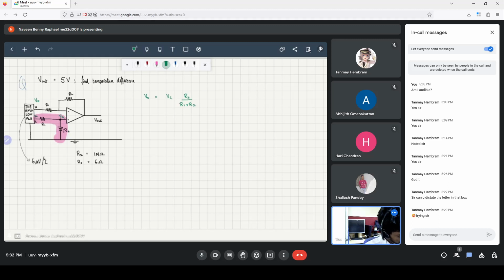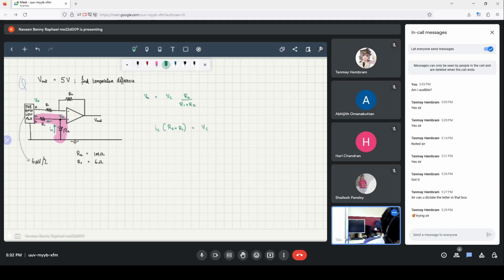So if you consider this segment, let's assume that a current of IC is flowing here. Since no current can enter the operational amplifier through the input, the current in this branch is also IC. Therefore, we have IC into R2 plus R1 is equal to VC, because this is ground and this is VC.